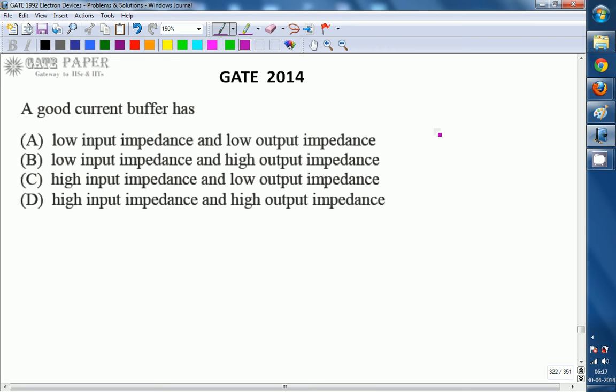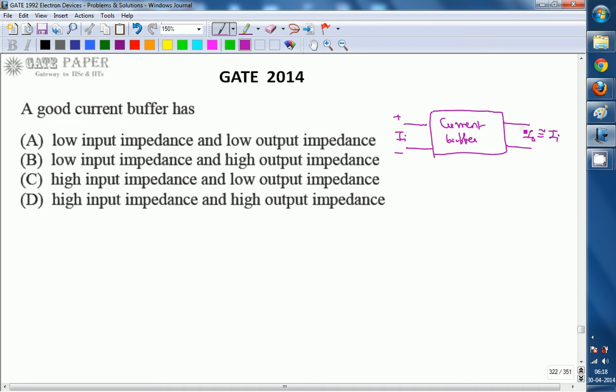Okay, first of all, we must know what is meant by a current buffer. A current buffer is a device which strengthens the input current signal. So if you are applying any input current, it will be strengthened, so its strength will not be lost even though it is traveling for longer distances, and your I out is approximately equal to I in with the same strength.